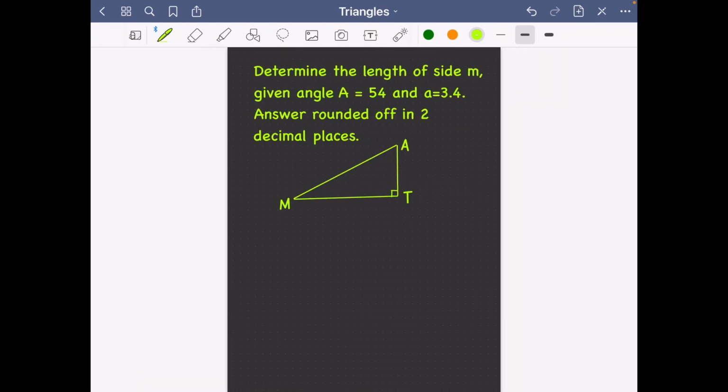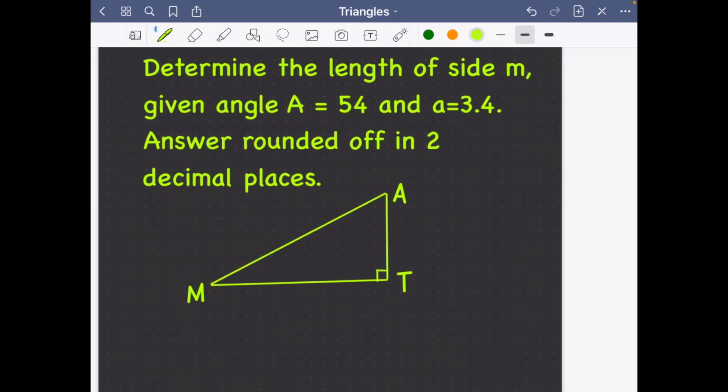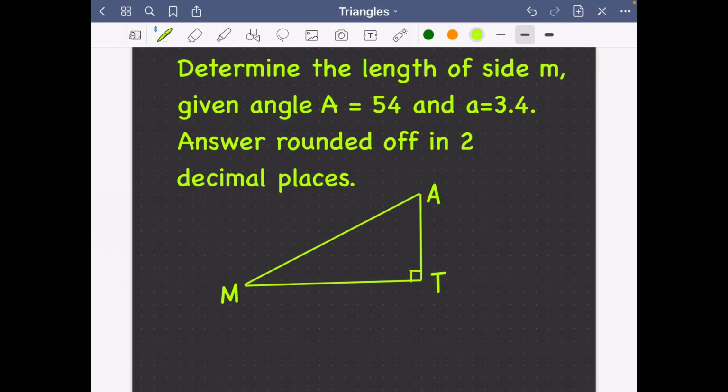So this is question number 1. Determine the length of side M given angle A, which is 54 degrees. So I will label my angle A, which is this one. Okay, my angle A is 54 degrees.